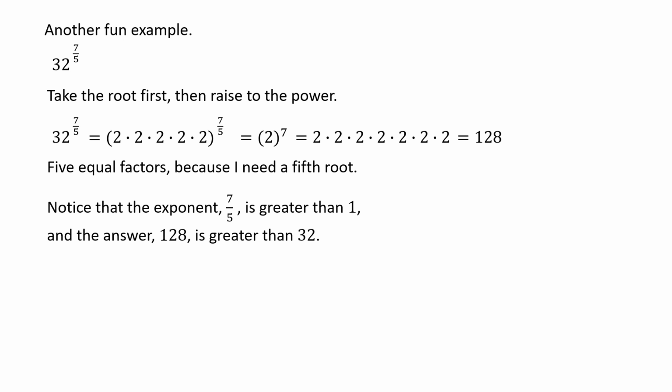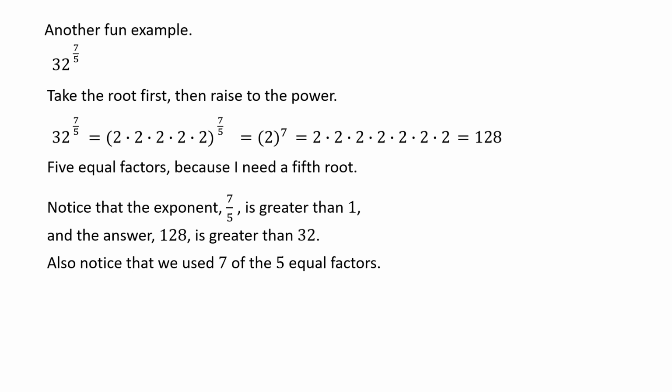That's because the exponent 7/5 is greater than 1. If the exponent is greater than 1, our answer will be larger than the base we started with. If the exponent is less than 1, but greater than 0, our result will be less than the base we started with.